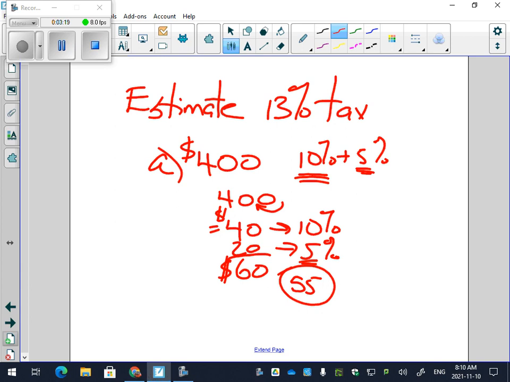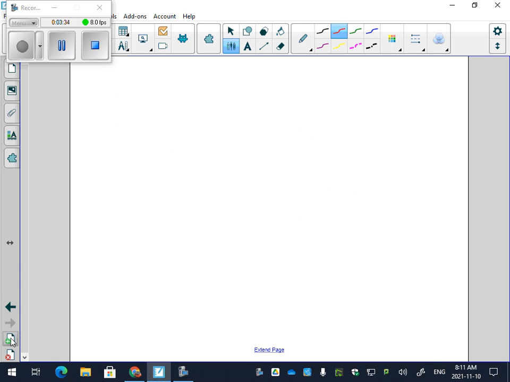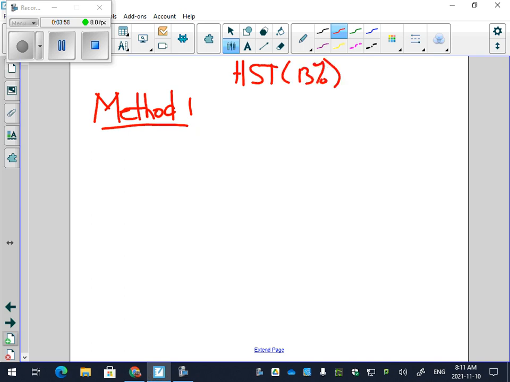But now we want to calculate it out for real. There's two methods. One is by far superior, but if you're just learning, sometimes you have to do the longer one first before you can wrap your head around the smaller one. Anyhow, if we were to take the example of HST, which is 13%, on a $70 item.